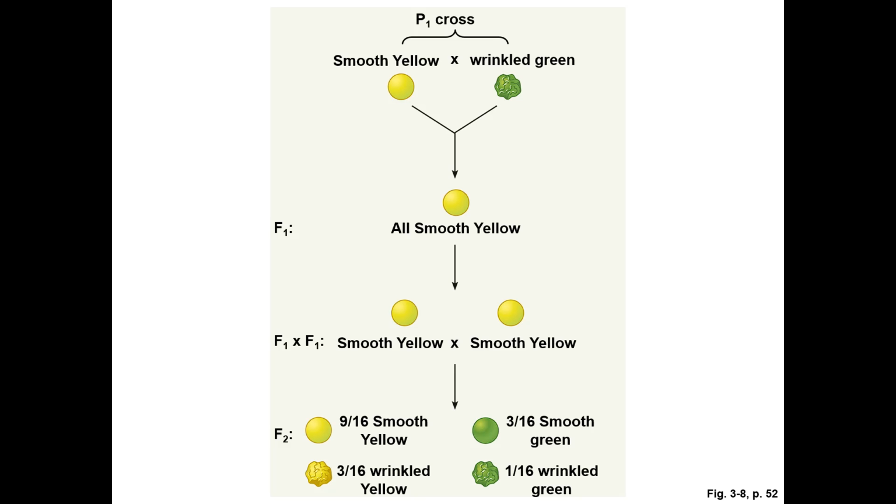But when you cross the smooth yellow with a smooth yellow, you get something entirely different in the second filial generation when you're looking at two traits. You get 9/16 smooth yellow, 3/16 smooth green, 3/16 wrinkled yellow, and 1/16 wrinkled green.